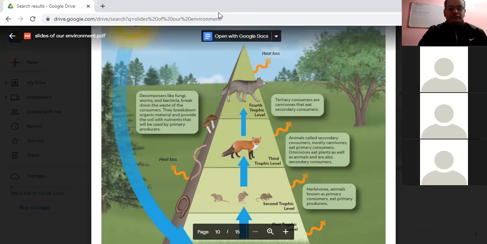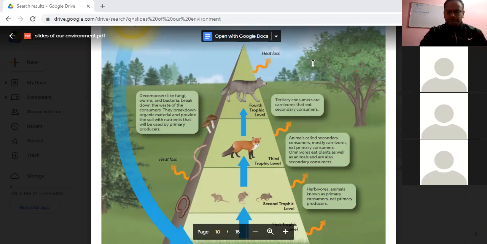Now, my next question is for Khushbu Kumari, 10A. There are two Khushbus, admission 10620. Yes, Khushbu, you can unmute yourself. Just state what Lindeman said regarding the energy flow in an ecosystem.